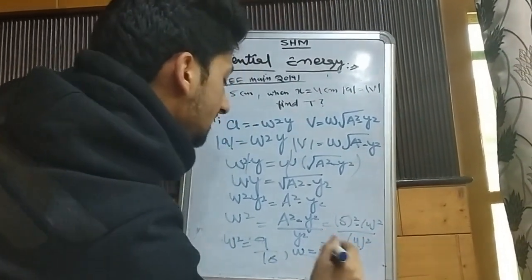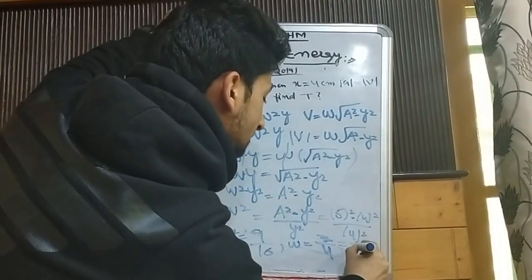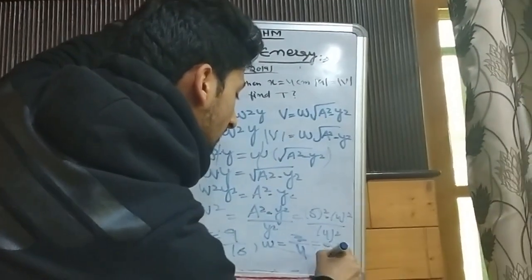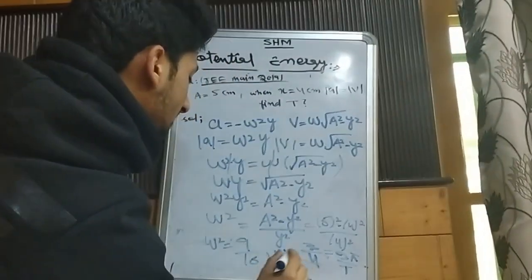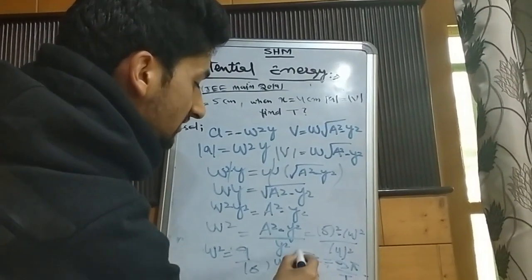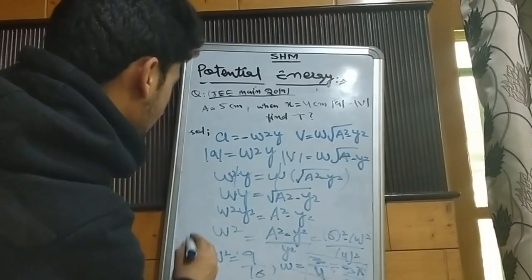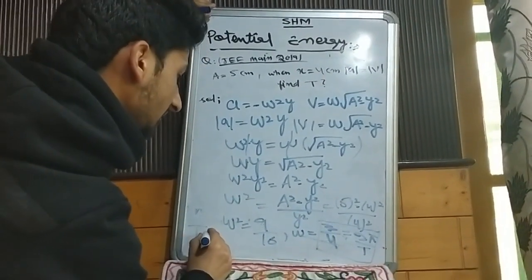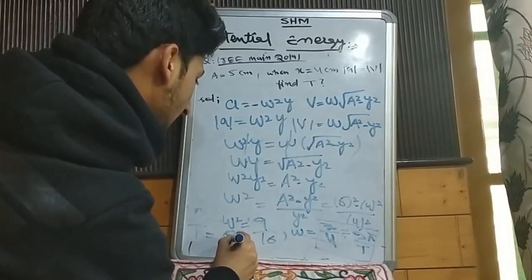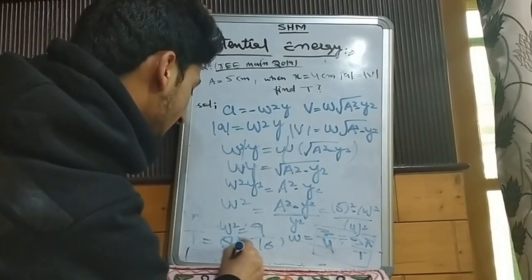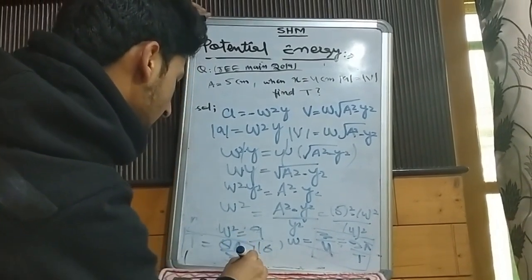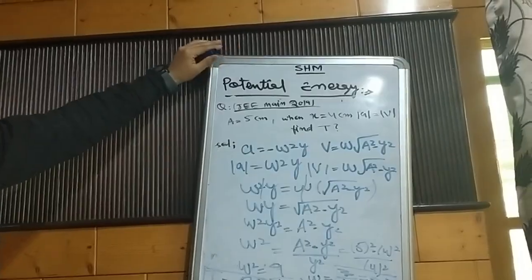But omega is equal to 2 pi by T. By simplifying this equation, time period will be equal to 8 pi divided by 3. So this is the answer of this question.